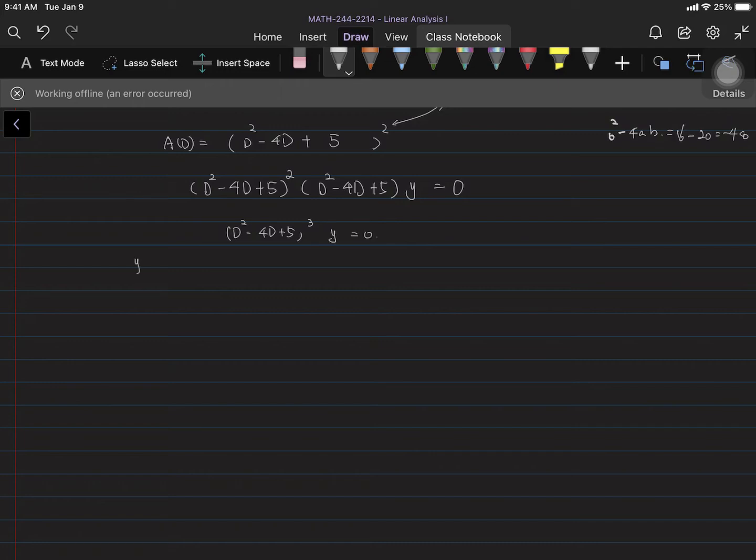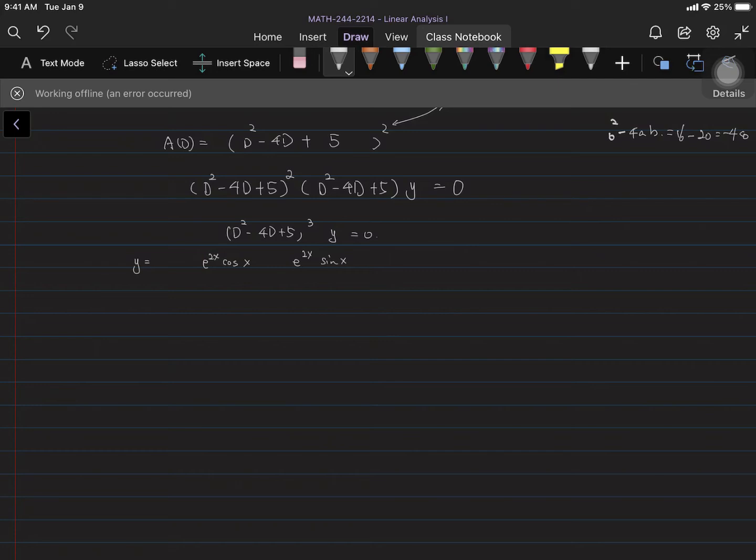Now let's write down the solution to this one. Corresponding to this, we should have e to the 2x cosine x, e to the 2x sine x, because we get this from the right side. We know a is 2, b is 1.